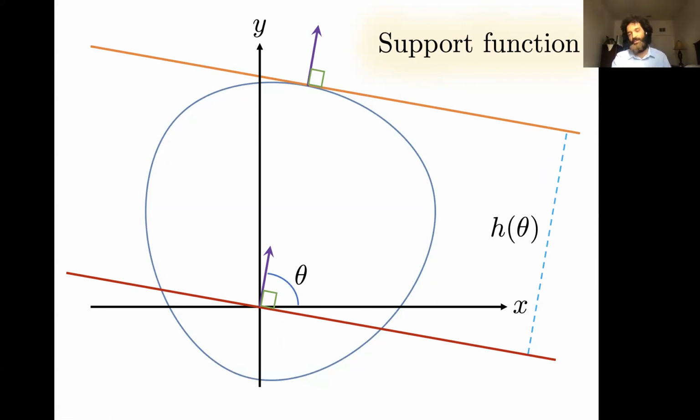And another little fact I'll use. There are some constraints, which we'll discuss in a moment, on support functions. You can't just give any function and have it be the support function of a convex curve, but it's not hard to figure out what the conditions are. I'll use that, given an appropriate function h of theta which satisfies a couple of basic conditions, I can associate a convex curve to it.